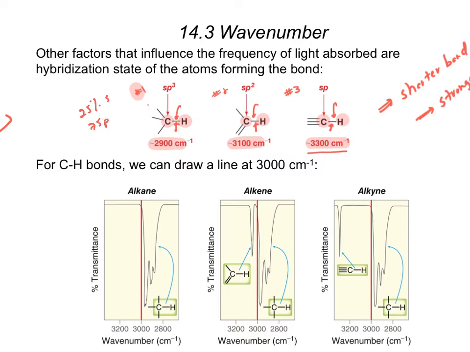This is 33% S character, and then for SP, how much is it? It's 50%, right? So again, who is closer to the nucleus, S or P? S, right? So because this guy is 50% S character, it makes this a shorter bond.